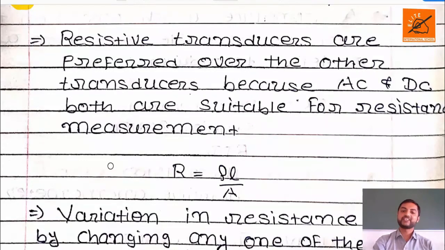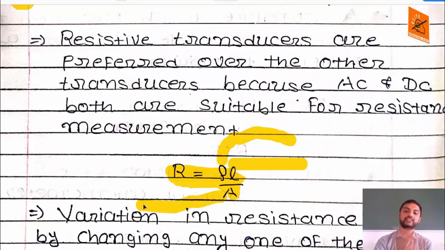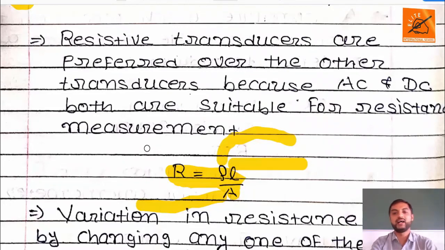Yes, I have just told you that there is an equation R equals rho L by A. With this equation you can see that if you change the resistivity, or the length, or the area of the sensing element, then the resistance of that substance can be changed. With the resistive transducer, you can use either AC or DC power supply. Whatever you use, it is compatible.